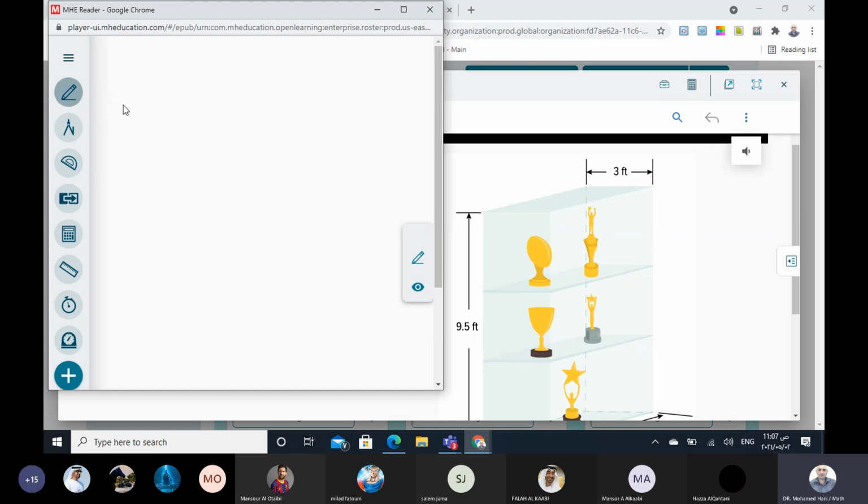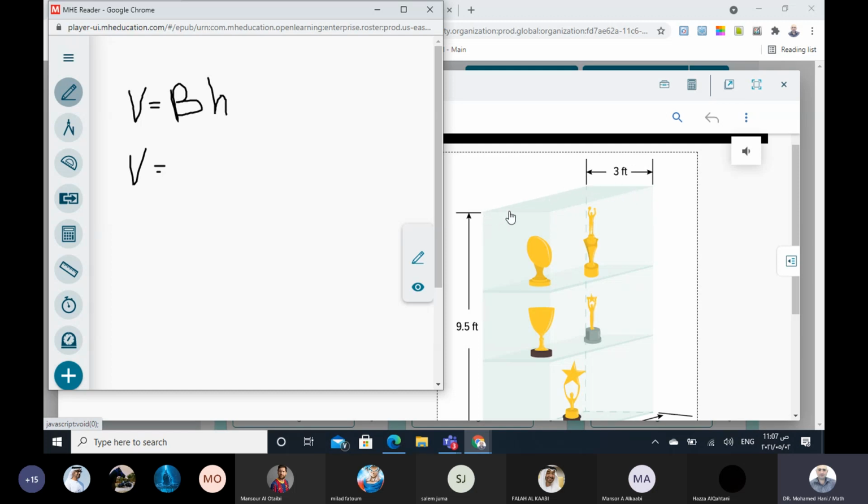The first step, write the formula. V means the volume equals B, the area of the base, multiplied by the height. So V equals. Okay, what is the base? This is the base. What is the type of the shape? Rectangle. How to find the area of the rectangle?